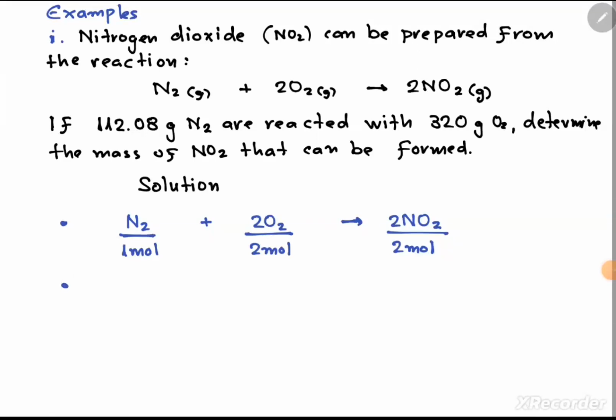Then we calculate the mole of each reactant. First, for nitrogen, we know grams, so we have to convert grams to mole. So we need Mr, and we find the number of mole.